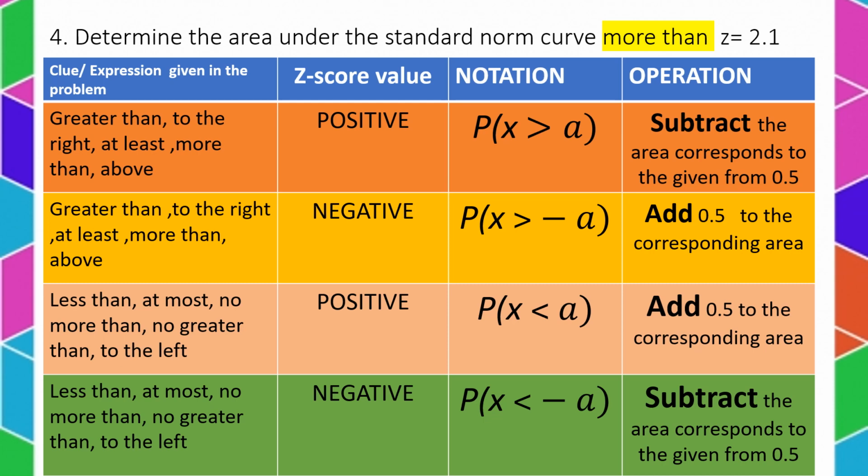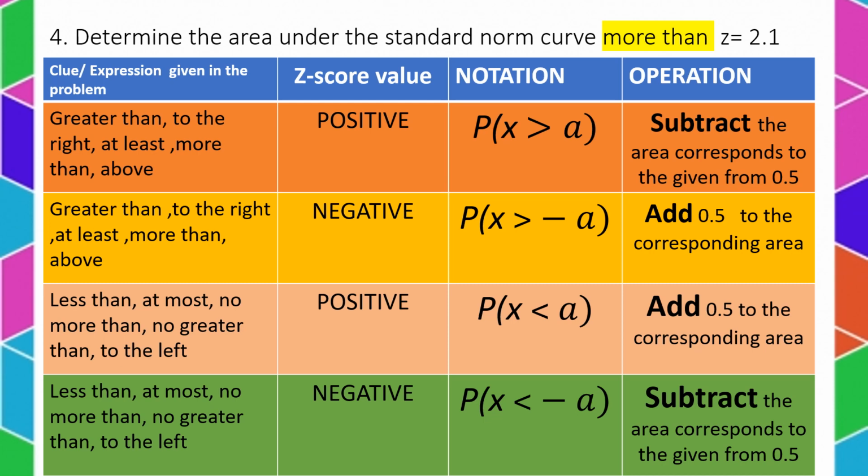Then titignan din natin yung z-score value. If it is positive, then meron tayong gagawin the next step. So, what will be the next step? What is the operation to be used? So, gagamitan natin siya ng subtraction. So, ano yung, what are you going to subtract? You are going to subtract the area that corresponds to the given z-score value from 0.5.